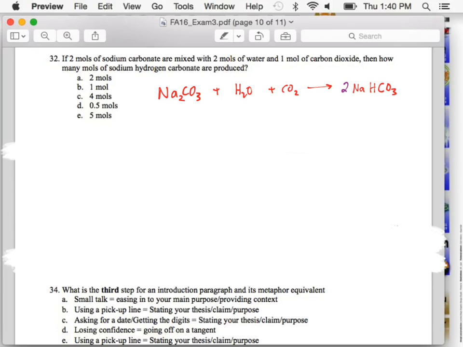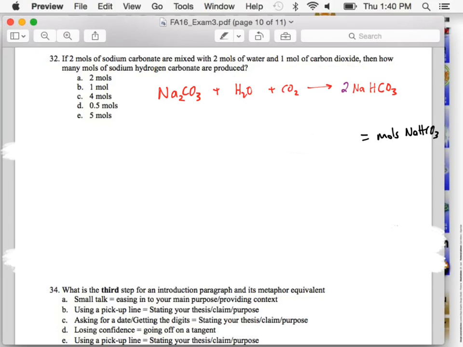You may not have needed it, but it's usually a good idea to go ahead and write out your equation right away. It can help center you on the question. Even if you didn't need to use it, you now have focused in on what's happening. We need to know what? Moles of sodium hydrogen carbonate.